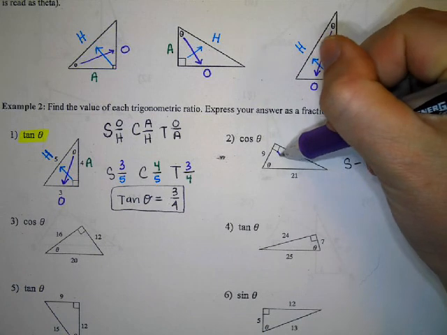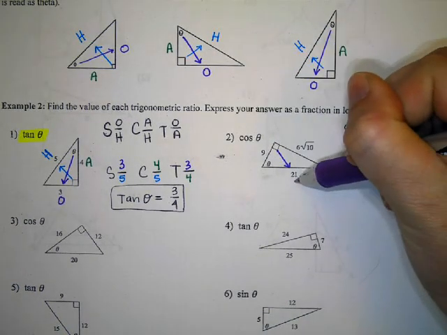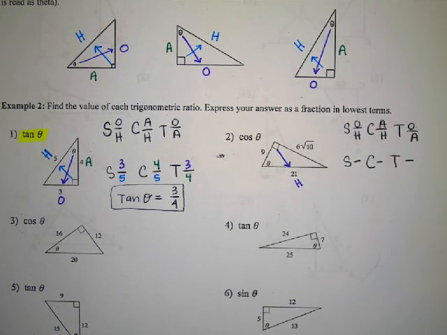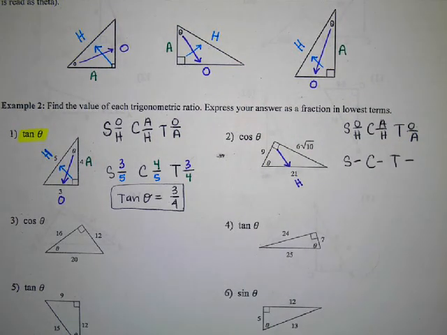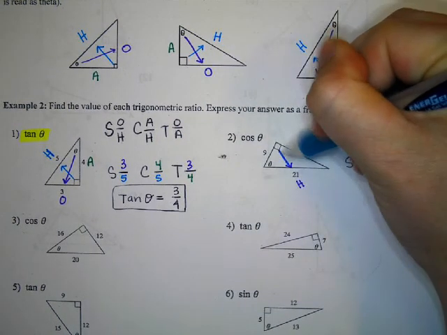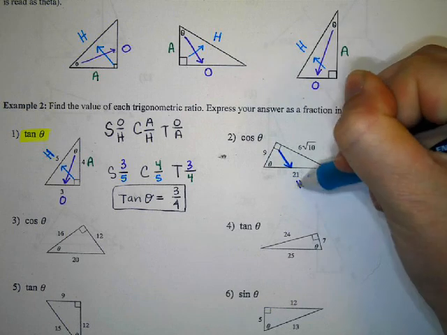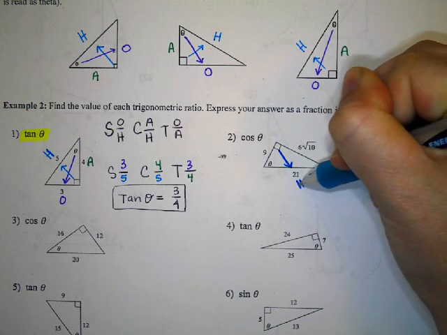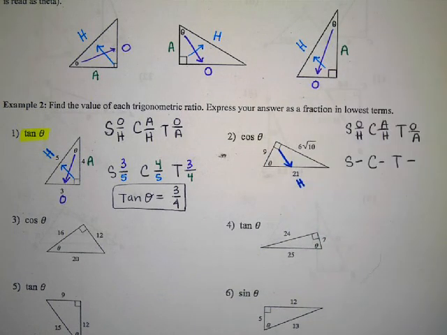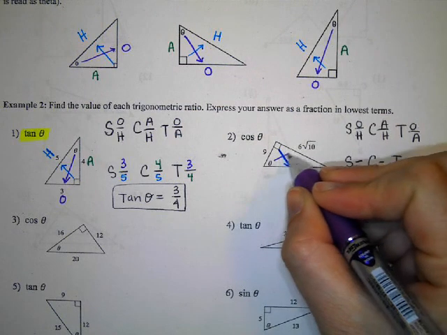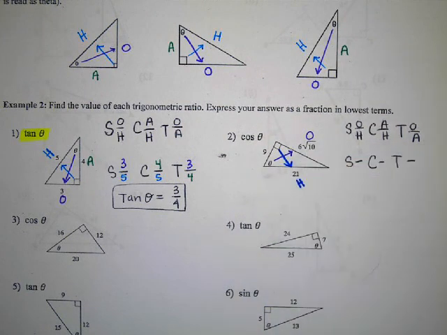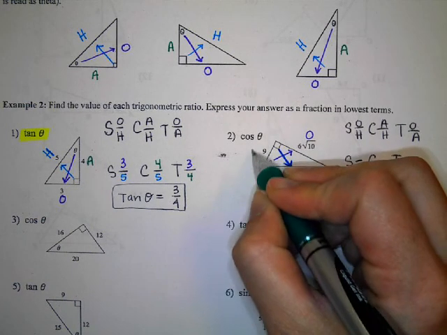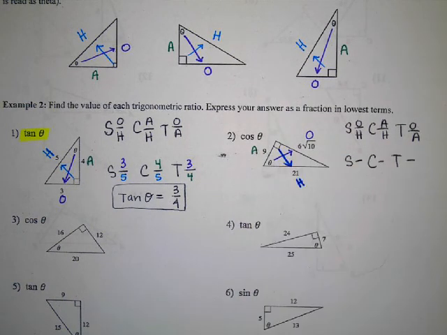Hypotenuse is across from the 90. The opposite. And sorry, I switched my colors. Hypotenuse is across from the 90. The opposite side is across from the theta. Then adjacent is the last side, or between the angles.